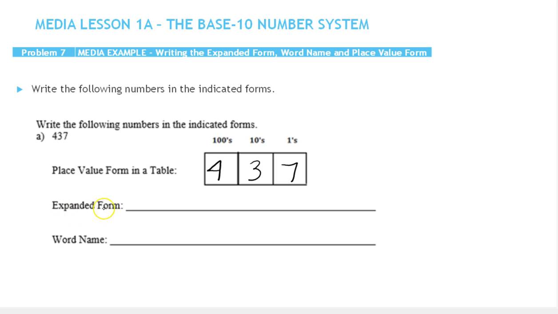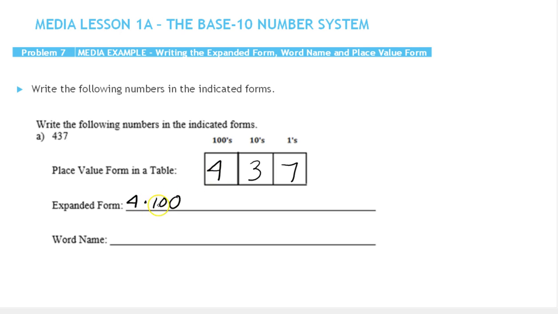Now for expanded form, basically we want to represent this number as the sum of the products of the digits with their place value. So that sounds really fancy, but let's just think about what this means. So if we have 4 hundreds, that's the same as 4 times 100. So 4 copies of 100. So think of this as 4 flats.